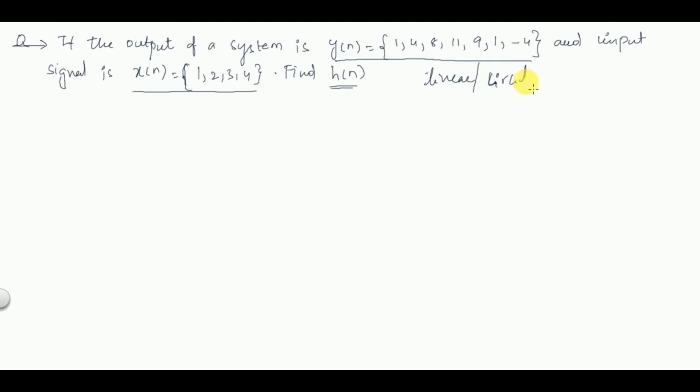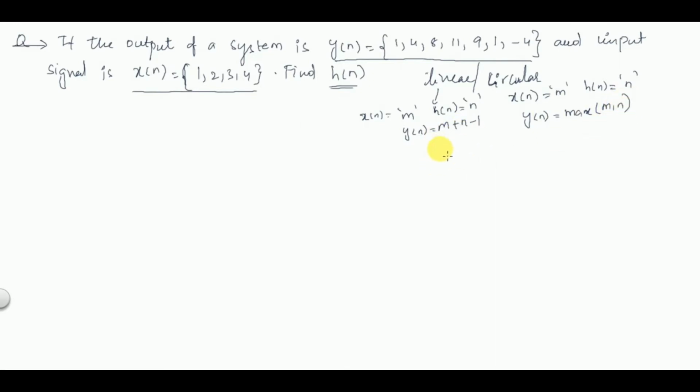In linear convolution, if x of n has m samples and h of n has n samples, then the output y of n will have m plus n minus 1 samples. Similarly, in circular convolution, if x of n has m samples and h of n has n samples, then y of n will have maximum of m comma n samples.